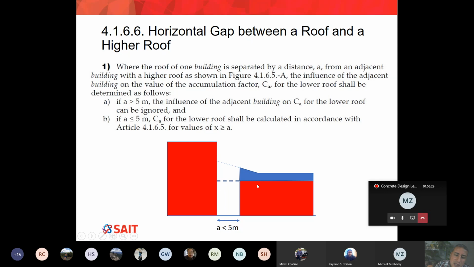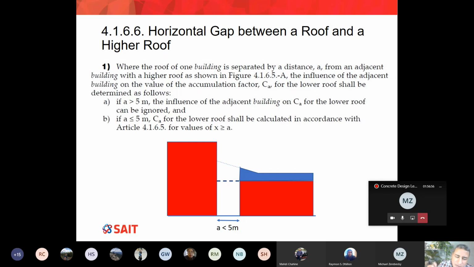So for the triangle, I have a 1.6. Because the distance is 1.5 and XD is 3, this distance is equal to 1.6 divided by 2, so we have 0.8. So guys, my diagram will be in blue, will be 1.8 at the edge of the lower building, and then it will go in 1.5 meter to 1 kVA.